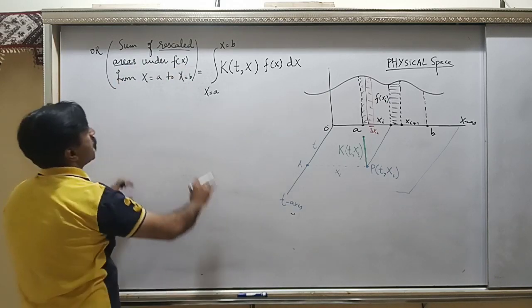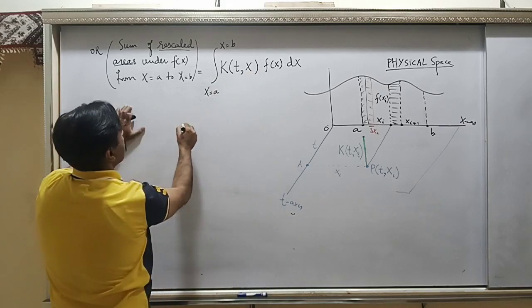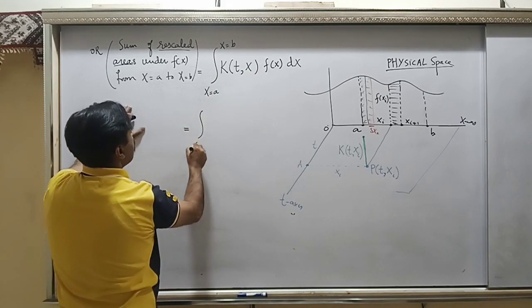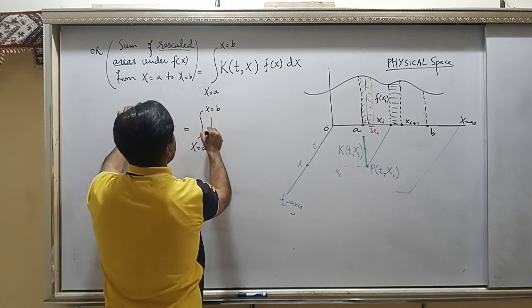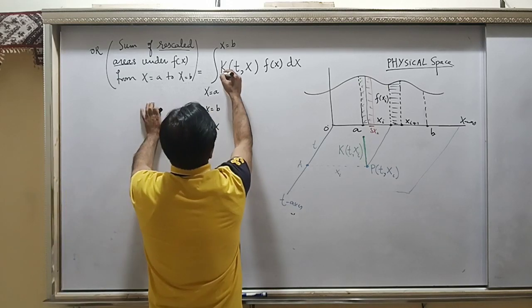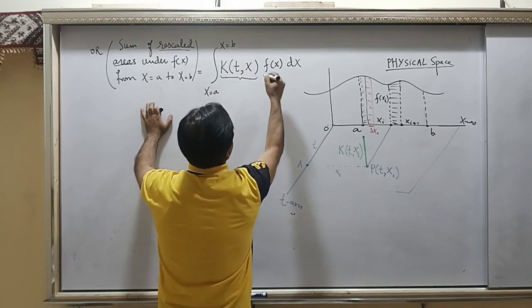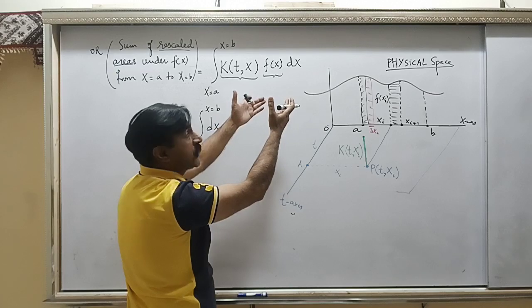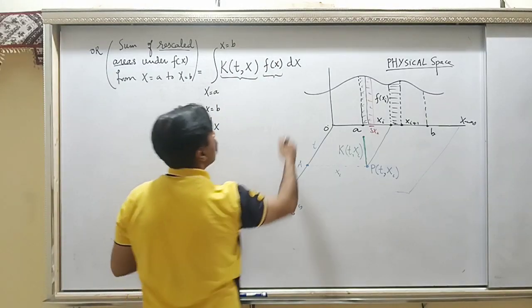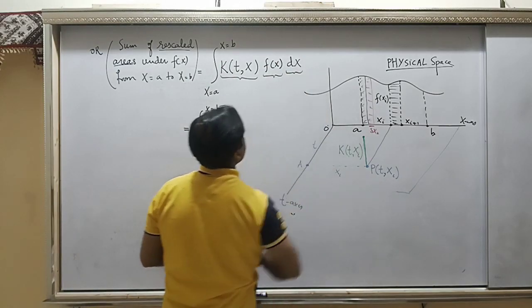And this one, what is this? Integral from a to b, dx. This is some real or complex number. For the time being it's a real function, but it could be a complex function as well. And this is also a real number.